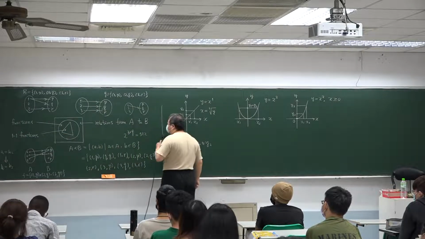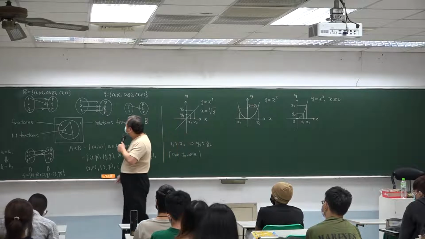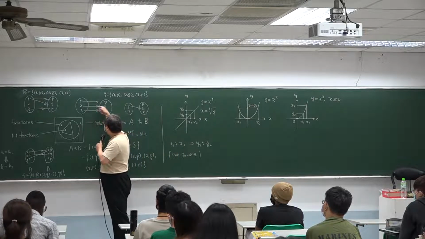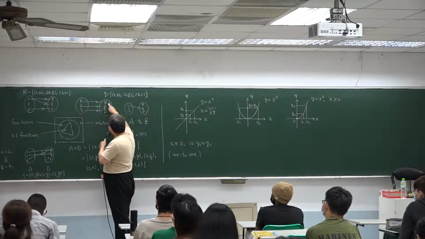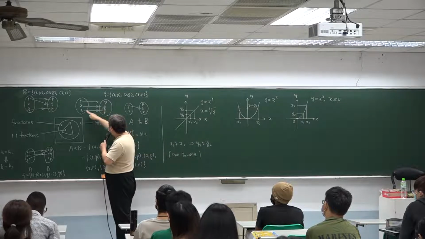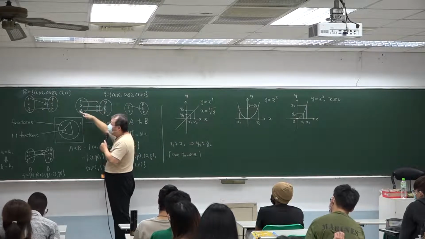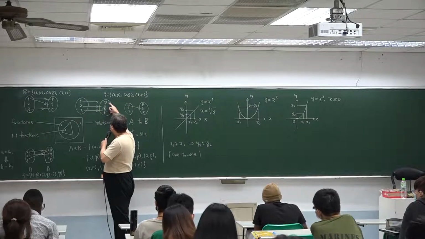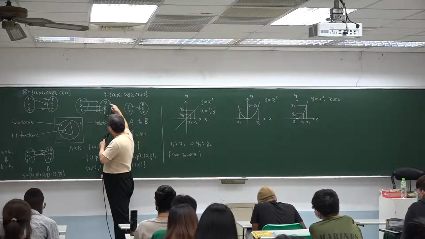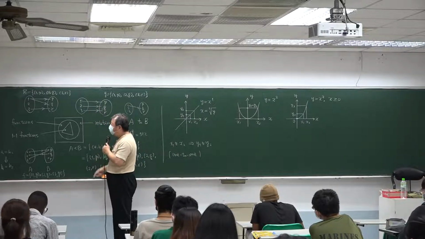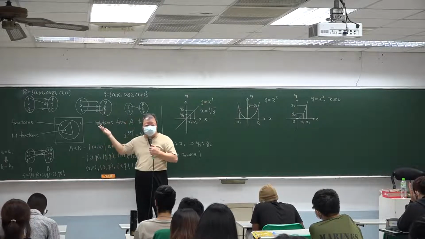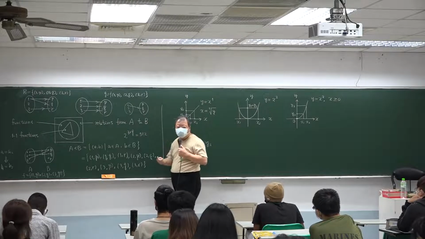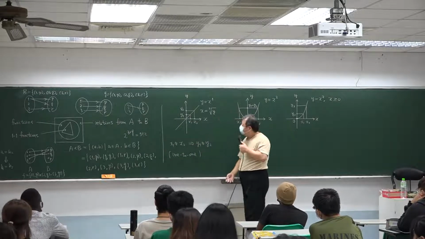If a function is one-to-one, of course, we may consider the reverse direction. It maps 1 to P, 2 to Q, 3 to R, then in the inverse, P is mapped back to 1, and so on. The inverse relation is also a function. So we have the inverse function.